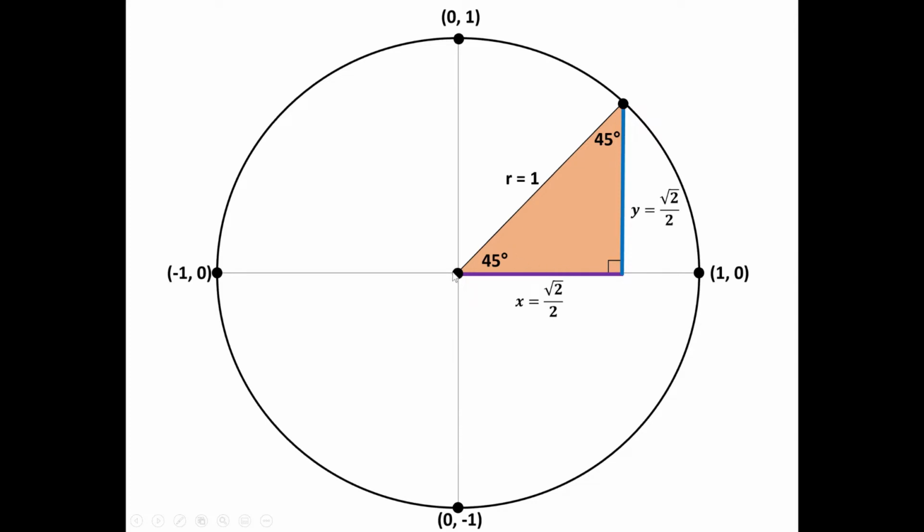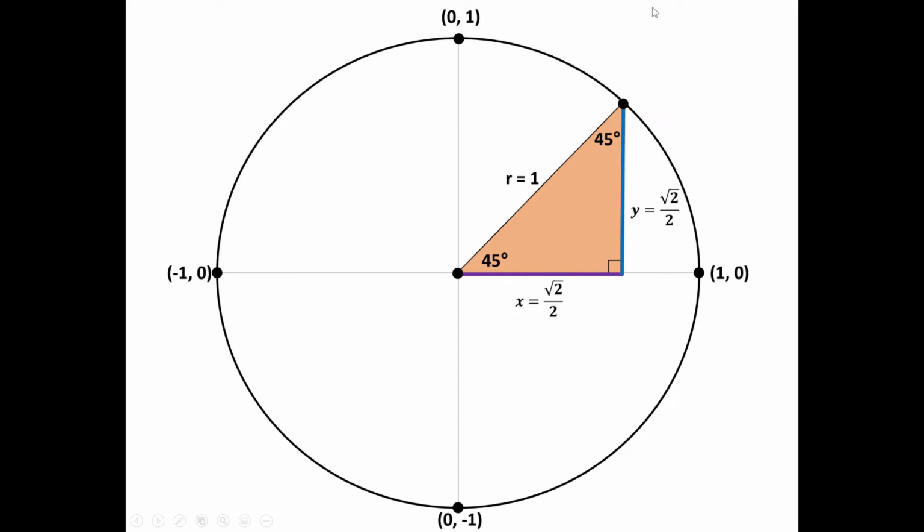So I've got the lengths of the legs of this 45, 45, 90 triangle. We know the hypotenuse is 1, and we figured out when we reviewed this special right triangle that the length of this leg is the square root of 2 over 2, and the length of this leg is also the square root of 2 over 2.